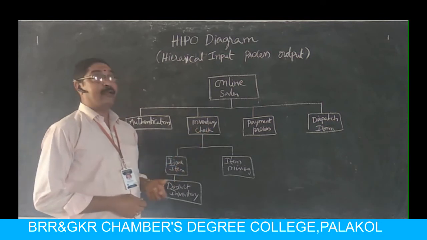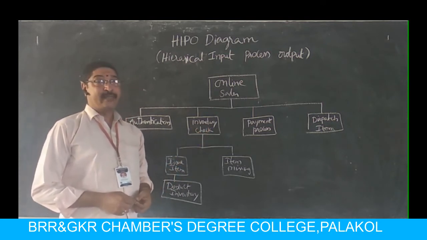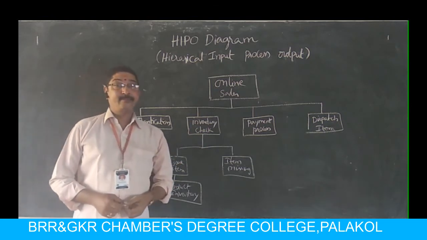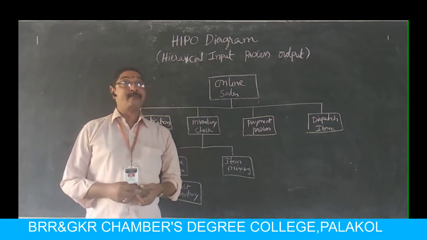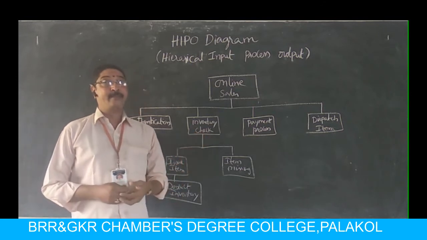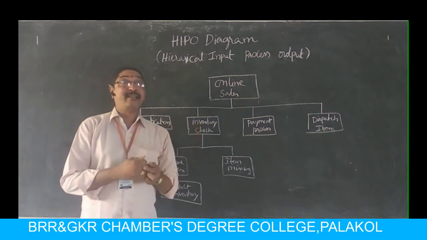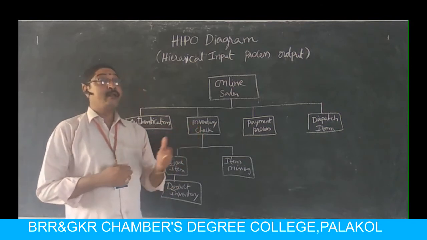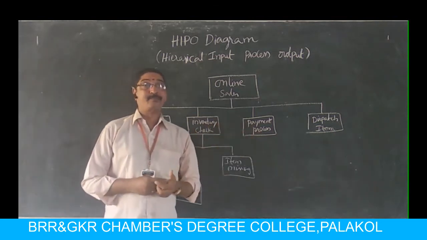This HIPO method was invented by IBM in 1970. In this, the developer will explain the entire system as a hierarchy, and the functions and subfunctions of all the procedures will be explained in hierarchical fashion.